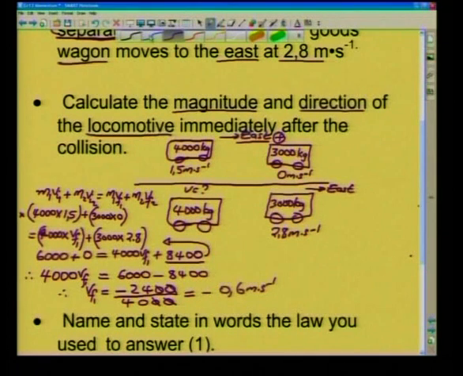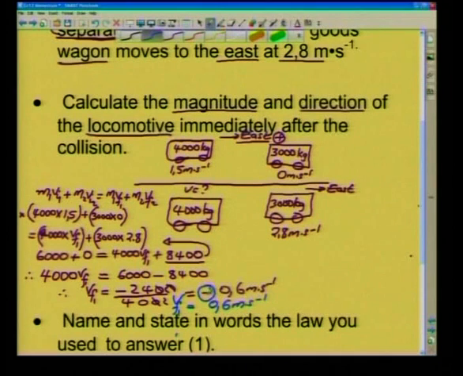What does this minus mean here? What does it tell us? It tells us that V final 1 has a magnitude of 0.6 meters per second.